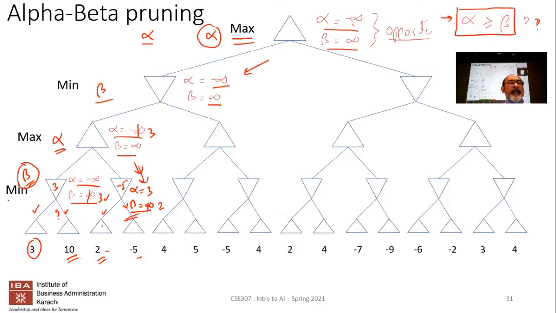Now, when you've already evaluated 2 over here, this value is less than or equal to the minimax value over here. And because alpha is going to pick the bigger of these two, then clearly if this value is less than or equal to 2, this portion of the tree does not need to be evaluated, just like we saw in the first example.